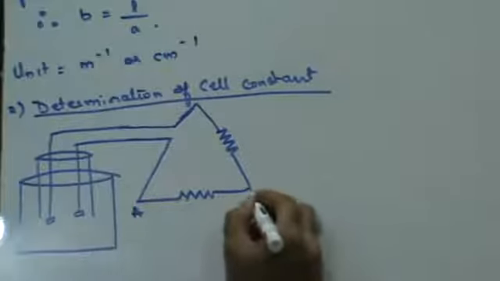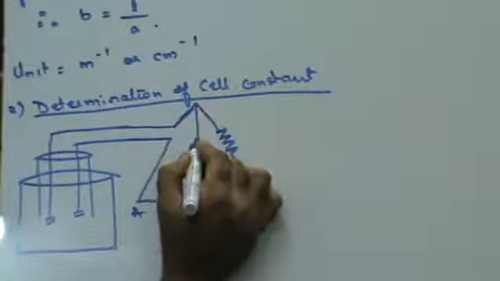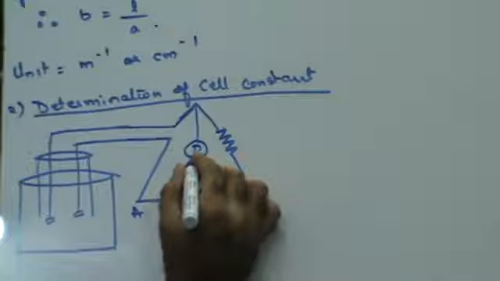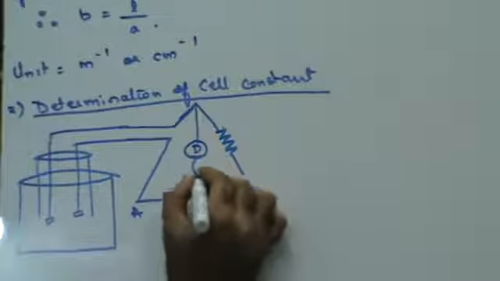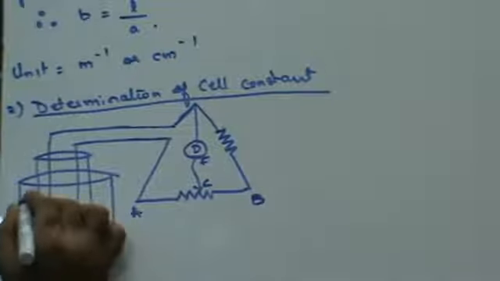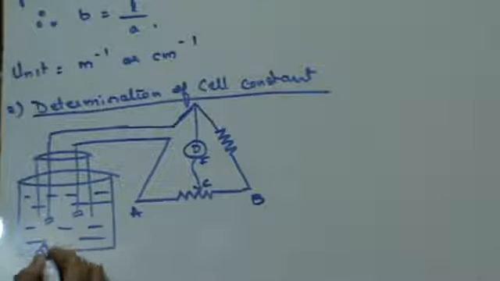Let's call this point A, let's call this point B. Galvanometer, and the jockey that would be here. So this is your solution, some solution I'm going to put in here with some resistance.